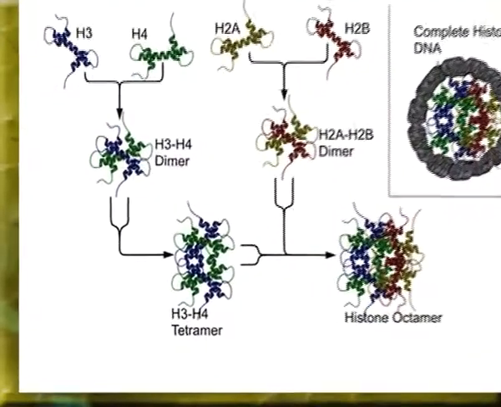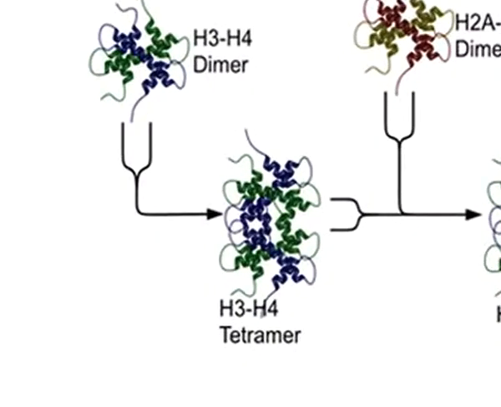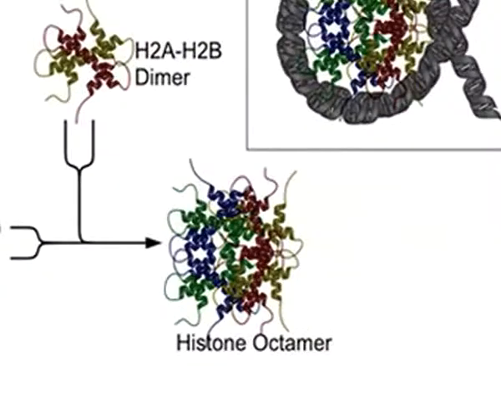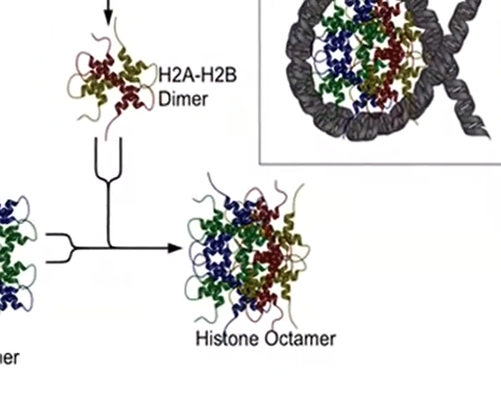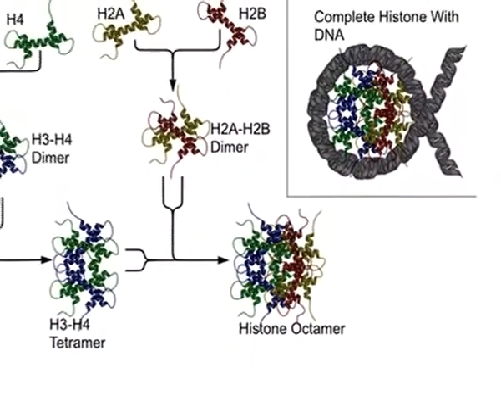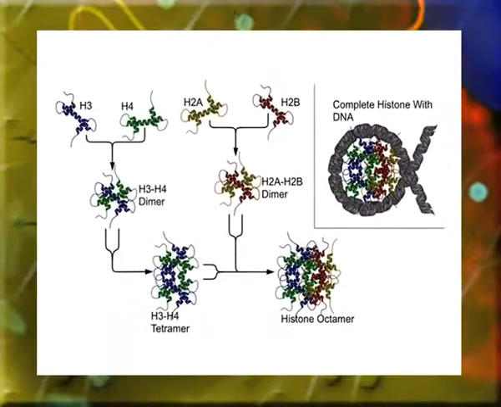The H3-H4 tetramer occupies a central position in the octameric core structure, flanked on both sides by the H2A, H2B dimers. The octamers are assembled by the successive addition of 2 H2A, H2B dimers to the H3-H4 kernel.